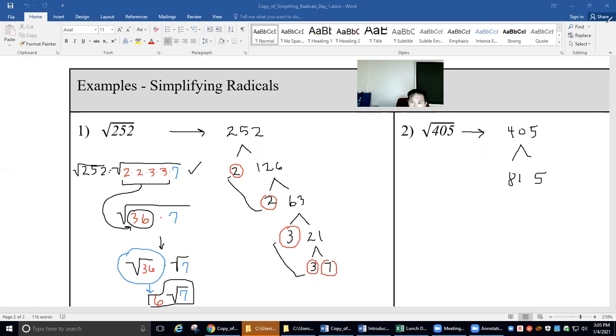Now, 5 is one of my prime factors, but 81 can be split up into 9 times 9, and then 9 can be split up into 3 times 3.